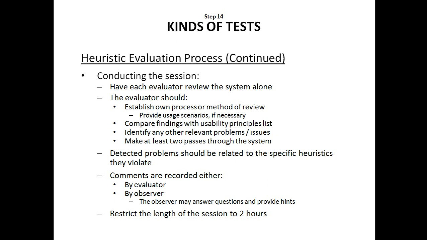During that session, the evaluator compares their findings with a list of usability principles, and after that they try to detect the problems that are related to the specific heuristic they violate here. Multiple heuristics can be associated with one identified problem also.